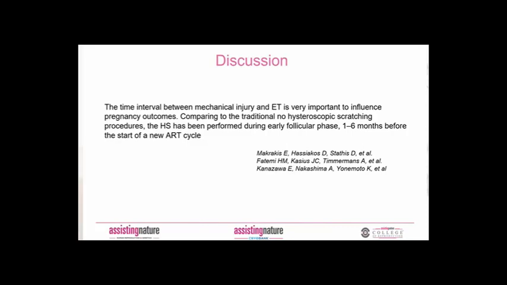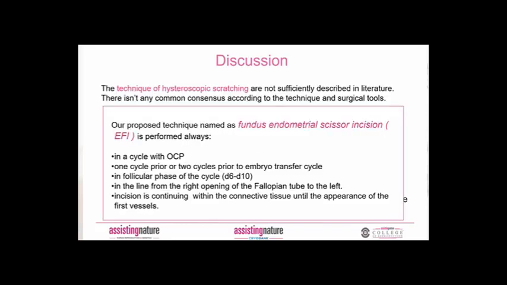Compared to the traditional non-hysteroscopic scratching procedure, hysteroscopy has been performed during the early follicular phase, 1 until 6 months before the start of the new ART cycles, based on literature. The techniques of hysteroscopic scratching are not sufficiently described in literature. There isn't any common consensus regarding the technique and surgical tools.